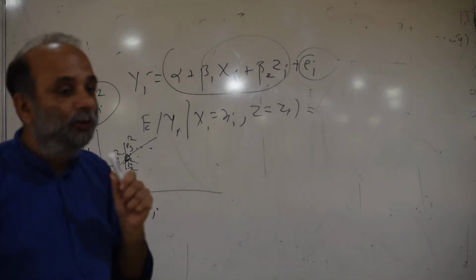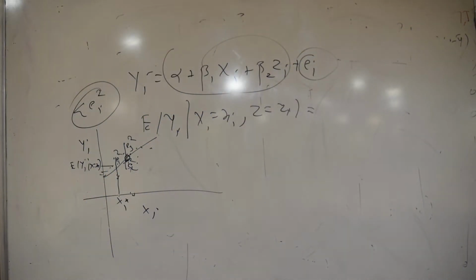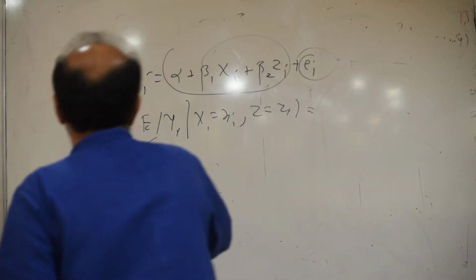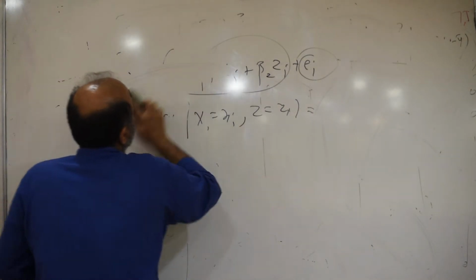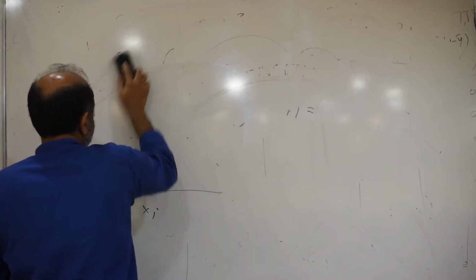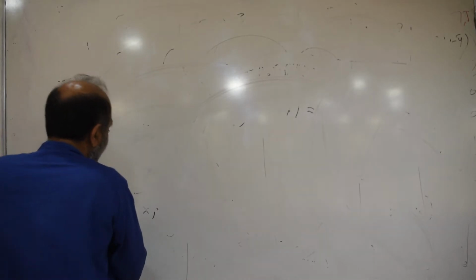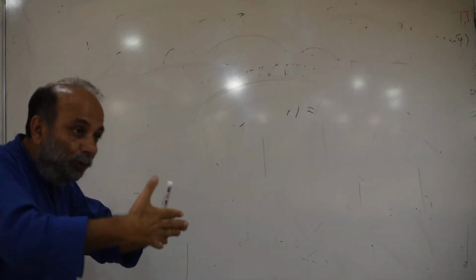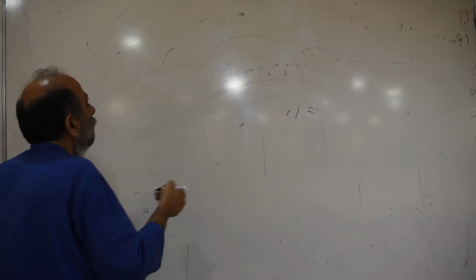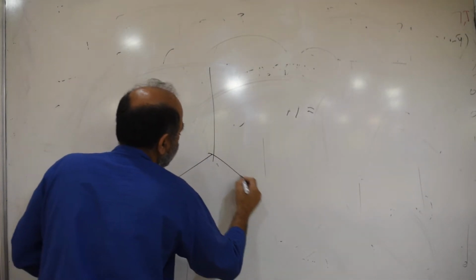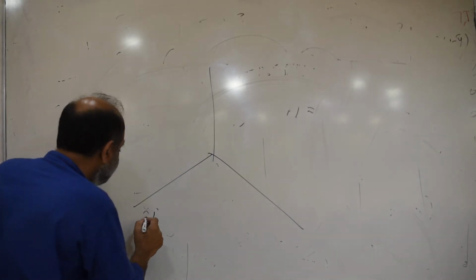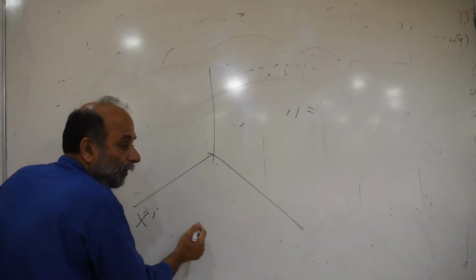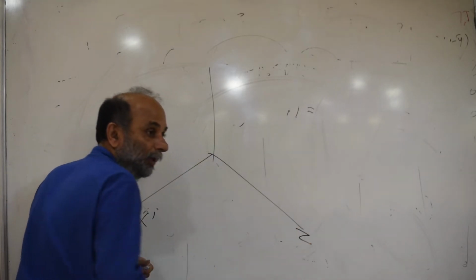Now when I have x1 and x2, when I had just one x and y, I had a two-dimensional picture. When I have two x's and one y, I will have a three-dimensional picture. On this axis, I will measure income. On this axis, I will measure education.